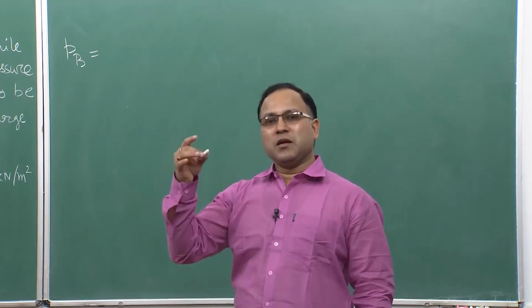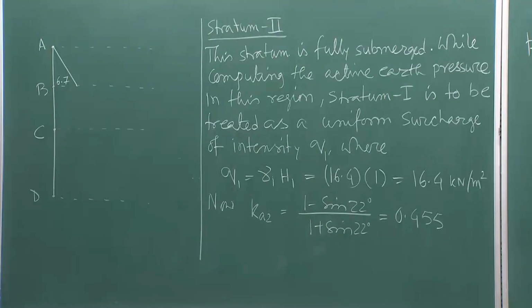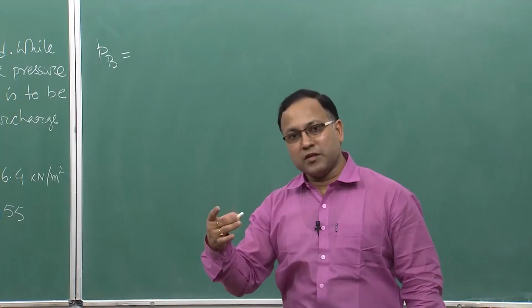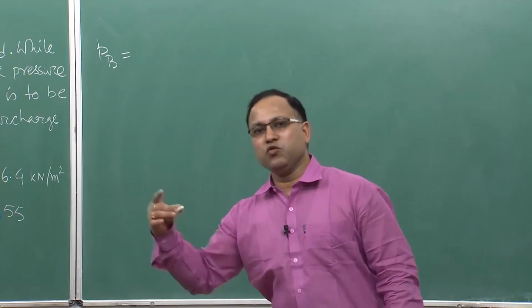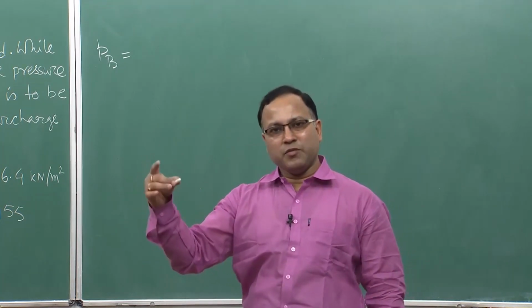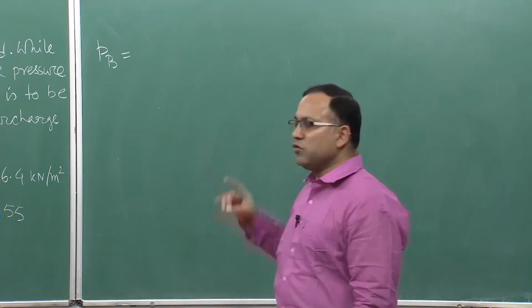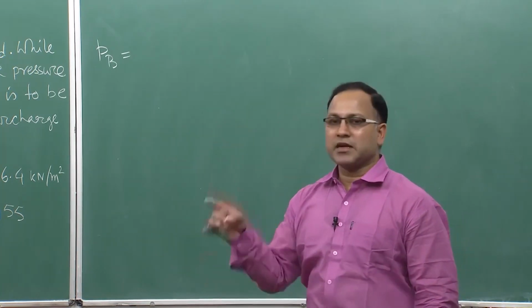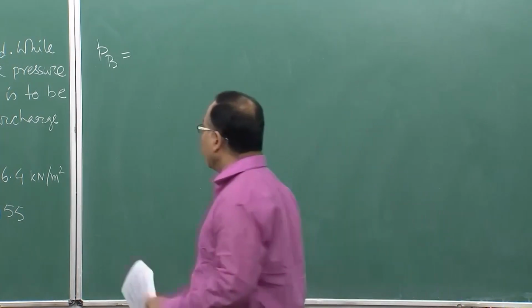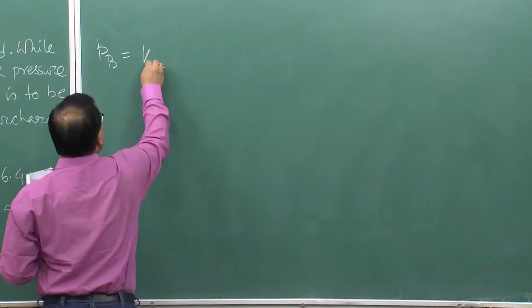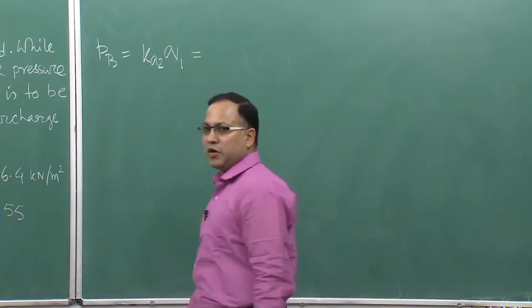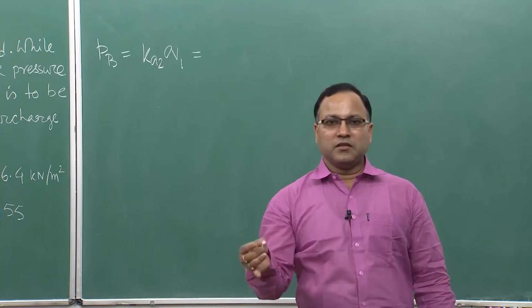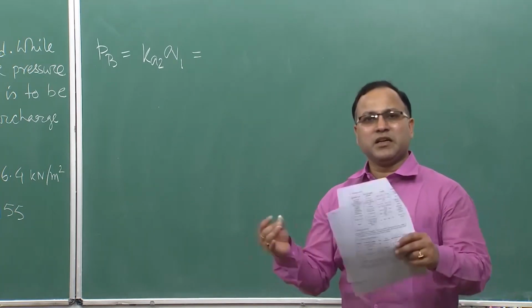You have got some pressure, 6.7 kilonewton per meter square, at point B when considering stratum 1, that means when you are coming from point A to B. And now, when you are starting from point B to C, you also get some pressure at point B, and that we are now going to calculate, because now stratum 2 is under consideration. Okay. So, Pb is equal to Ka2 into Q1, simple, because the surcharge is nothing but the vertical pressure.